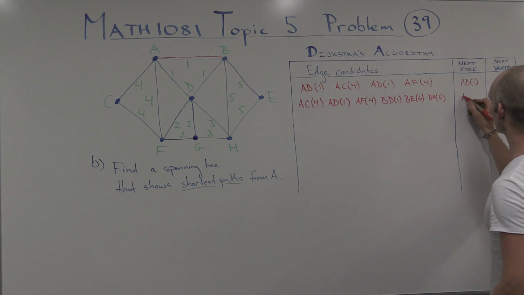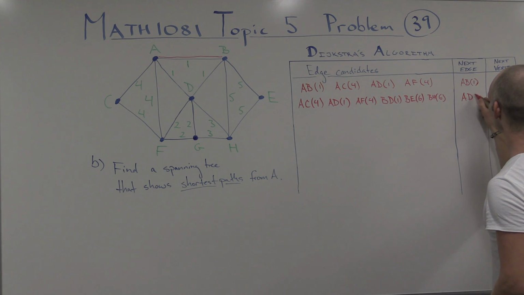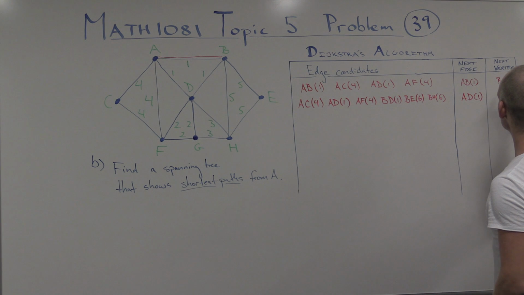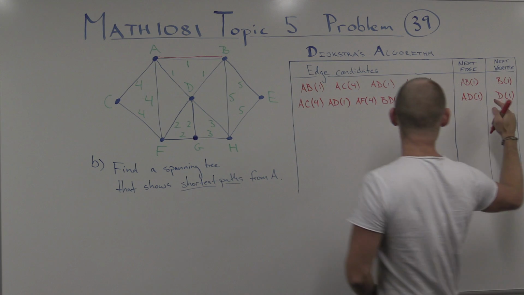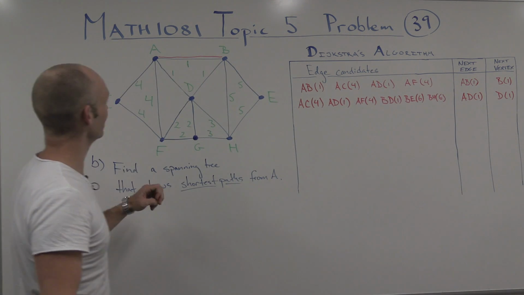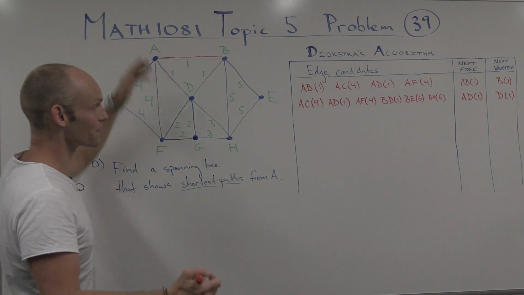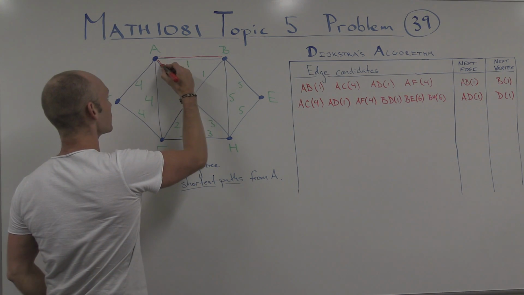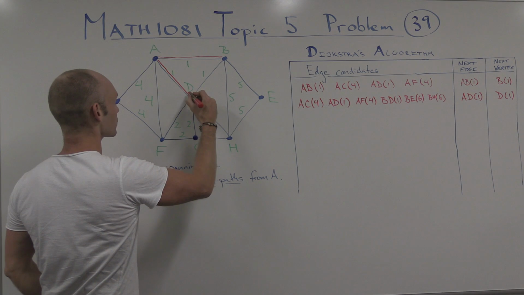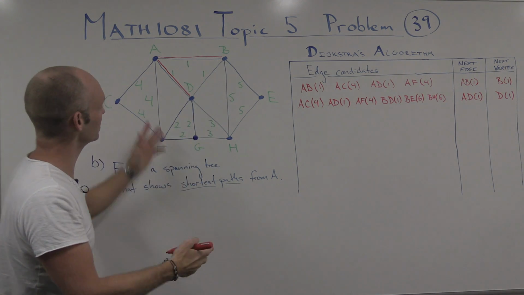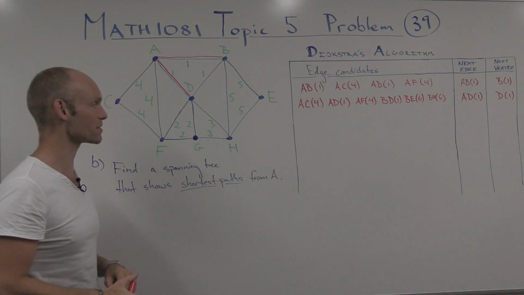So this will be our next edge. And now we've added D. And we see that the shortest length of a path from A to D is 1. That's a little bit trivial, but our algorithm has given this result as we wanted.